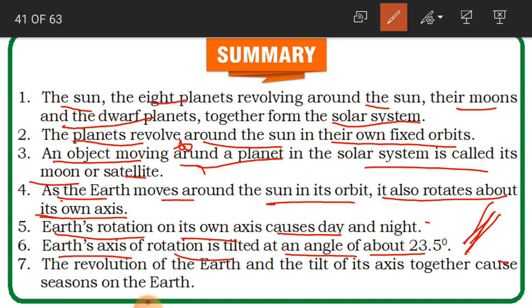Okay, children, and the revolution of the earth and the tilt of its axis together cause seasons on the earth. So both revolution and the tilt of the earth's axis together cause the seasons of the earth, which we call summer, winter, spring and autumn.